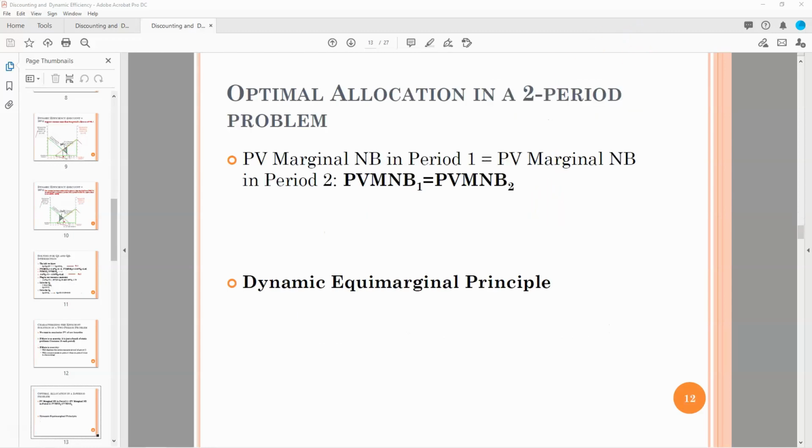The condition for achieving the efficiency level is that the present value of marginal net benefit in period 1 is equal to the present value of marginal net benefit in period 2. So this is our condition for the efficiency level, and we also call this the dynamic equal marginal principle.